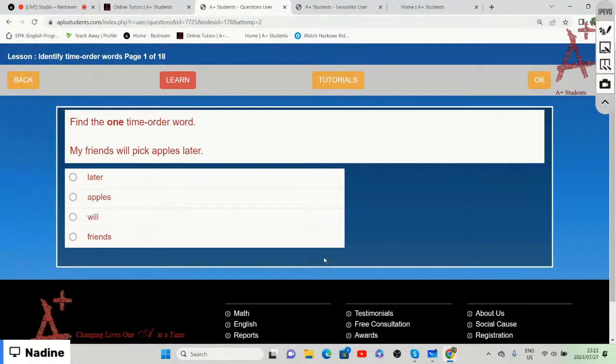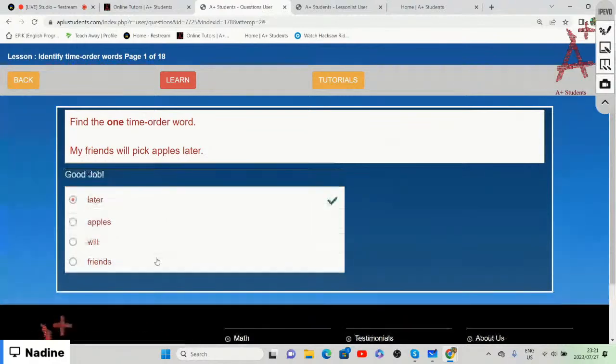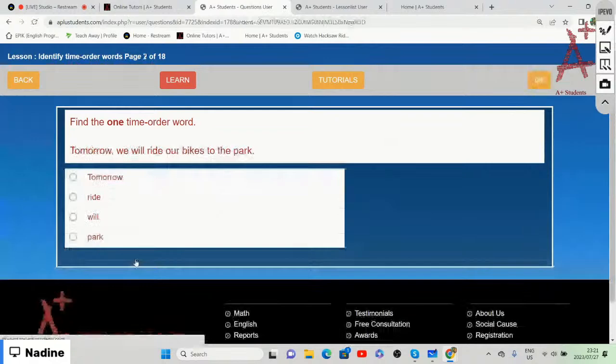My friends will pick apples later. All right, so we are going to identify the one time order word, and then we will say it is later. So later is a one time order word.